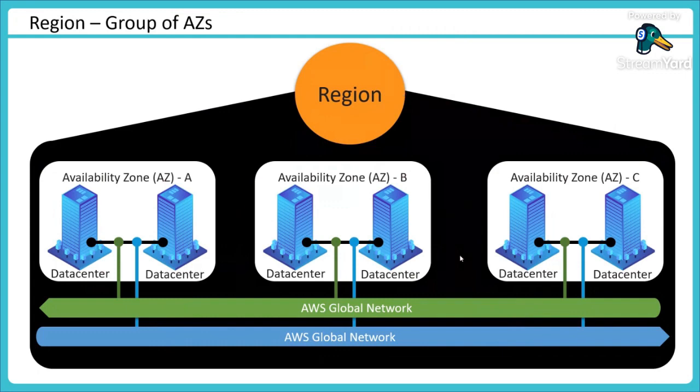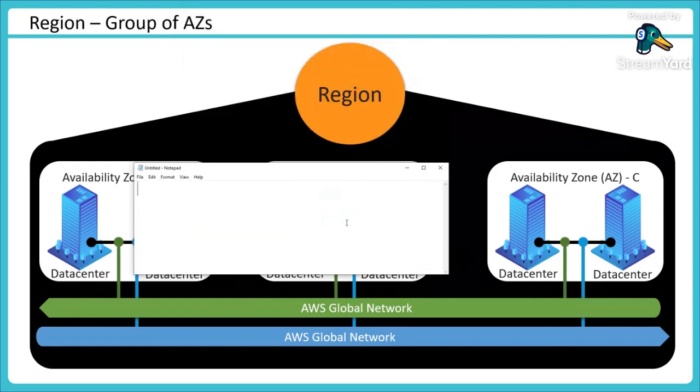So the takeaway from this discussion is what an AZ, availability zone, is made up of: what we call data centers. So AZ equals multiple data centers. I can't type and speak at the same time, so forgive my typing mistakes. And then what is a region? A region is a group of AZs.